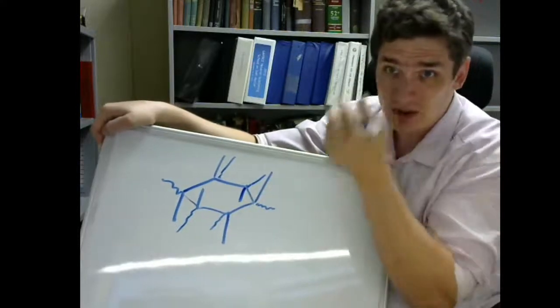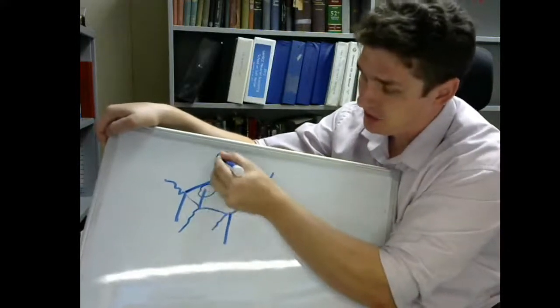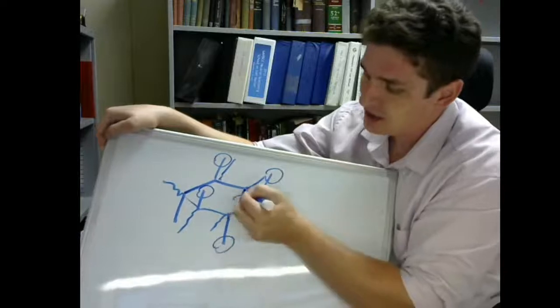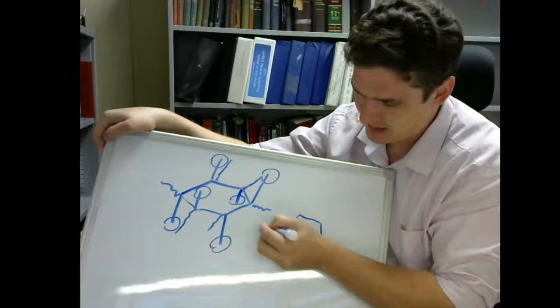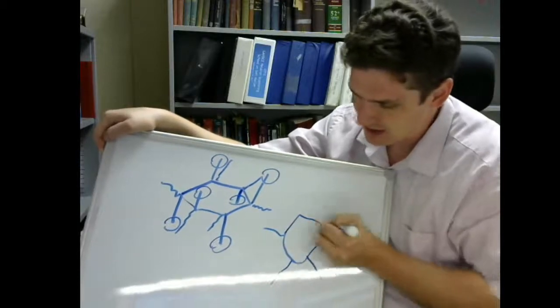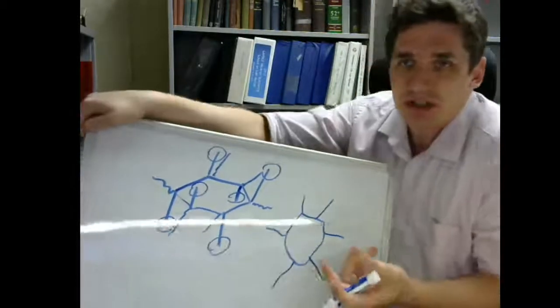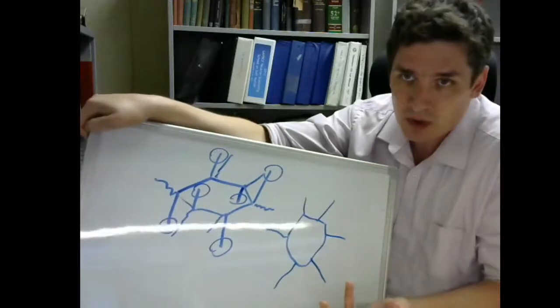So our axial groups are actually held in close proximity to each other, whereas our equatorial bonds, if we were to look down the ring, kind of flare off to the edges. So axial positions are more sterically hindered than equatorial positions.